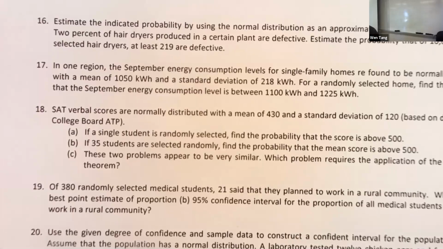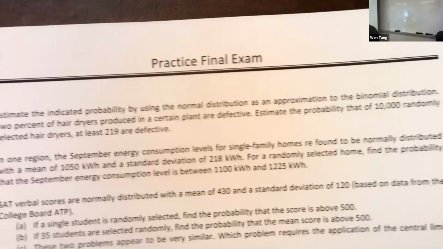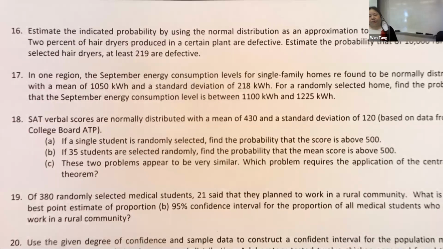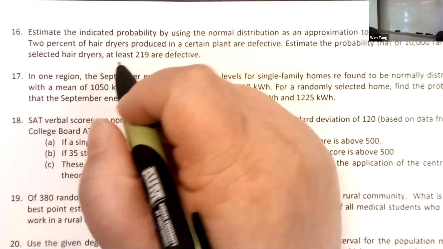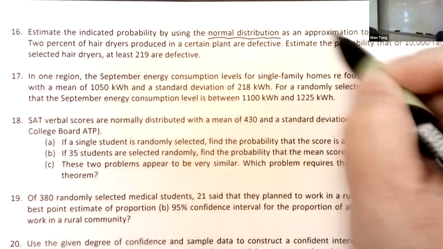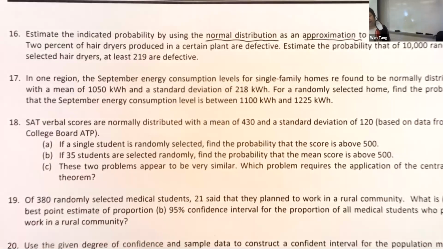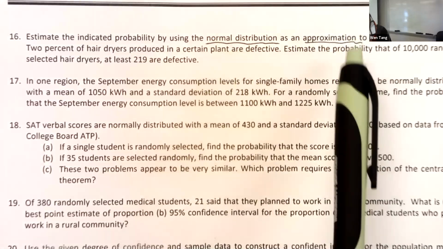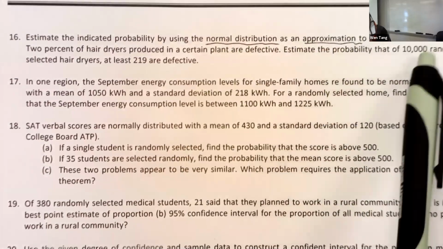Okay, let's check the next one, number 16. This time we will use the normal distribution to approximate the binomial distribution. So we're gonna use a continuous distribution to estimate a discrete one.